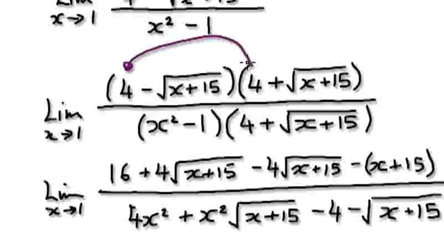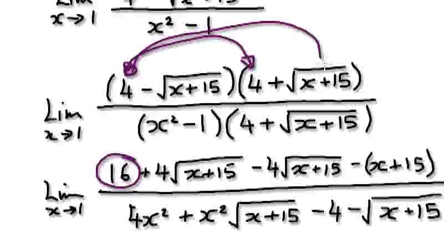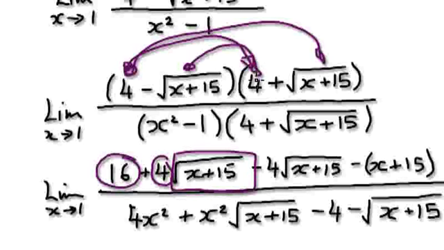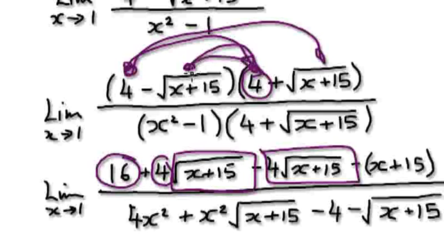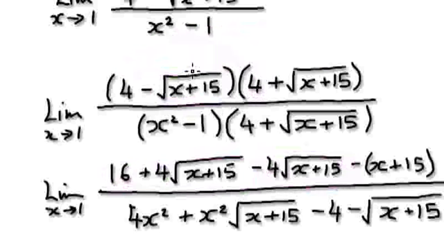So here you would get this times this, so that would be 16, and then this times this, so that would be 4 times this thing here, and then this times this will give you minus this thing here. So basically the 4 times this block here will give you minus 4 and then that block, and then finally it's this times this.